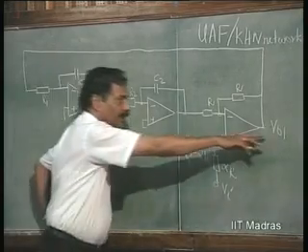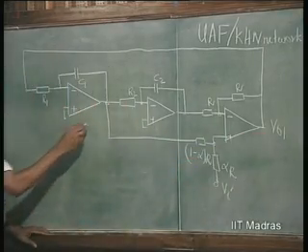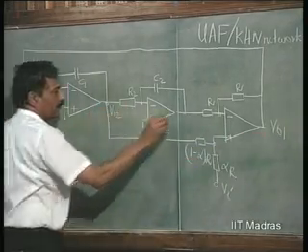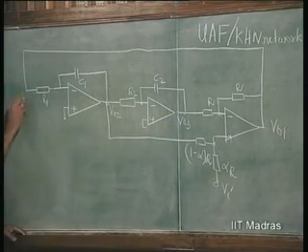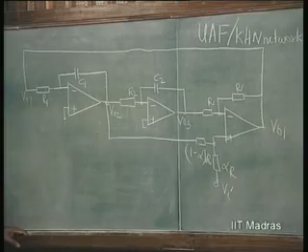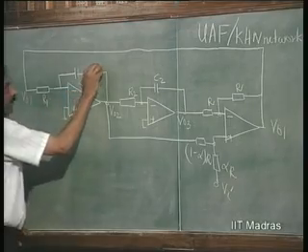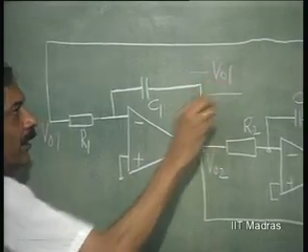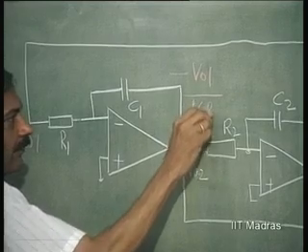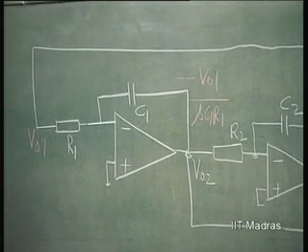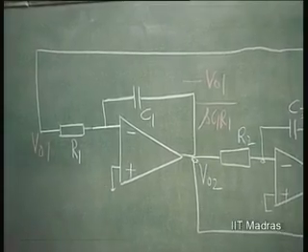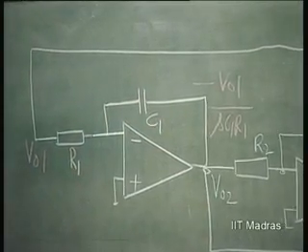We will consider this as V naught 1, this as V naught 2, this as V naught 3. Now, V naught 1 is here, it is integrated. So, minus V naught 1 by S C 1 R 1 is the transfer function here, minus 1 over S C 1 R 1 integration.